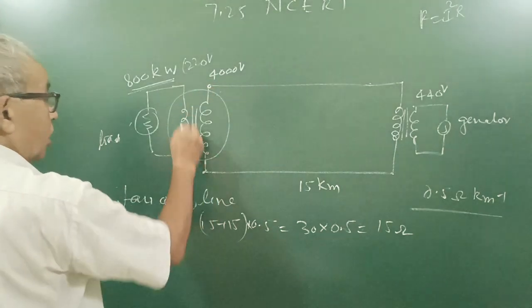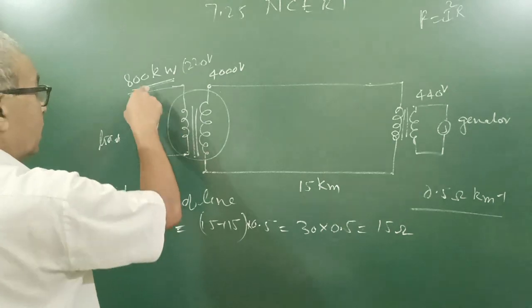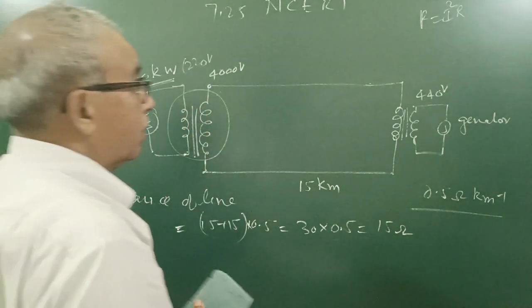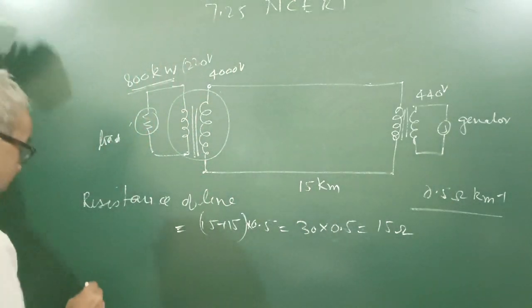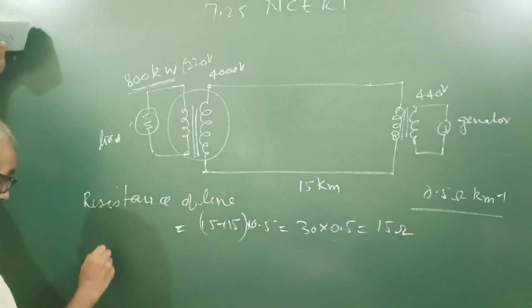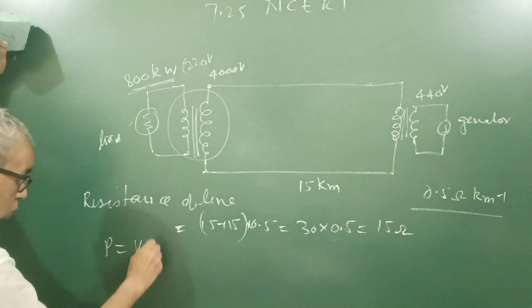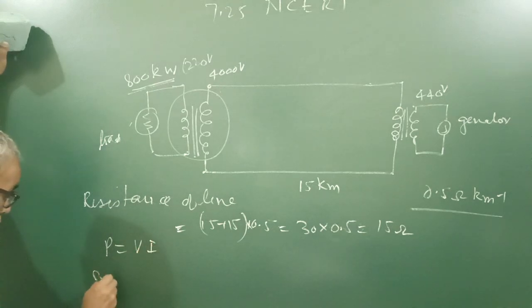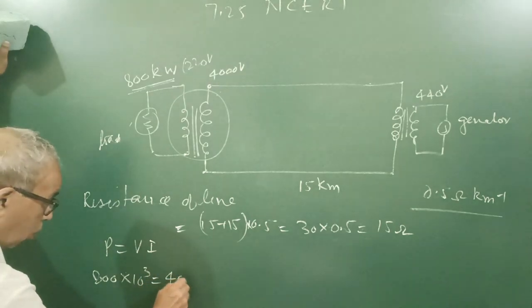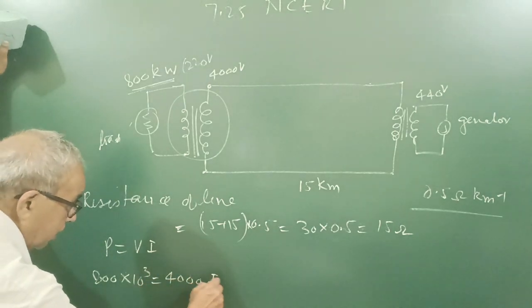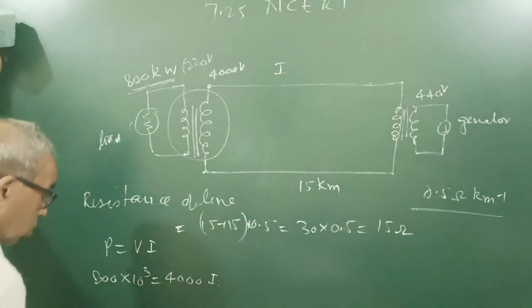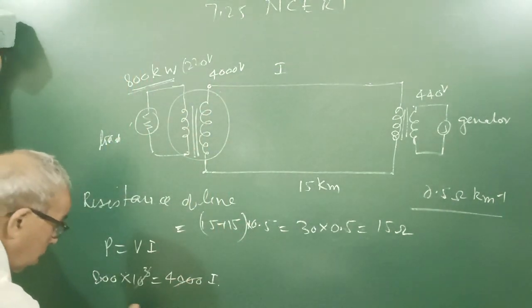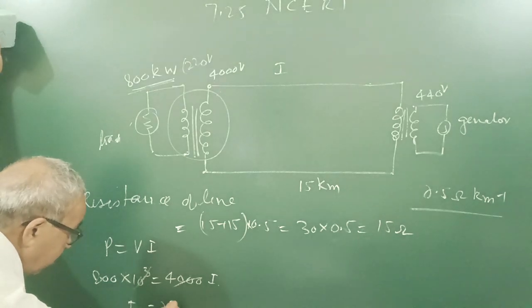We assume here the transformer to be 100% efficient. 800 kilowatt here, so 800 kilowatt here. So current in line. Power is equal to V into I. Power 800 kilowatt, 800 into 1000. V 4000. And I. Here is the I. So it will be I equal to 200 ampere.